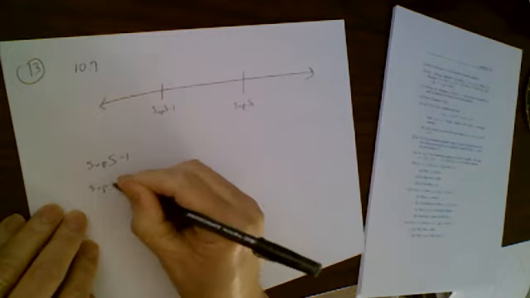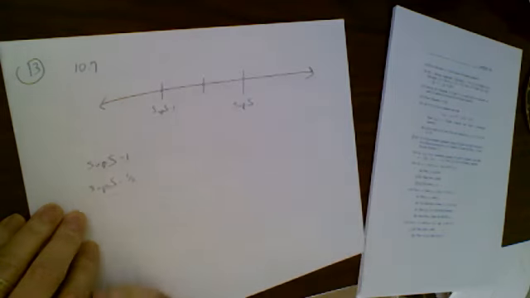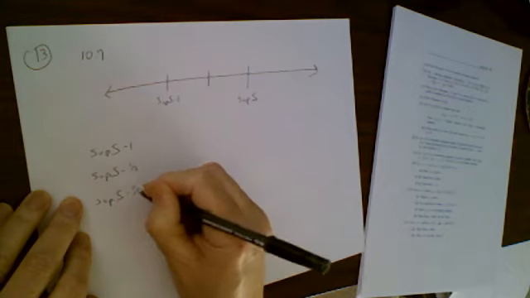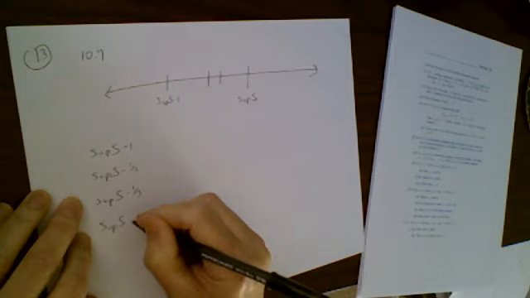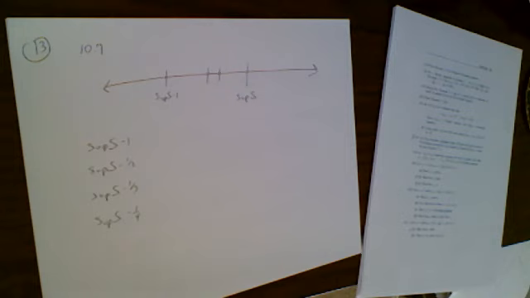Let's look at sup of S minus 1/2. I'll just mark them there. Let's look at sup of S minus 1/3. Let's look at sup of S minus 1/4. And why am I looking at these?